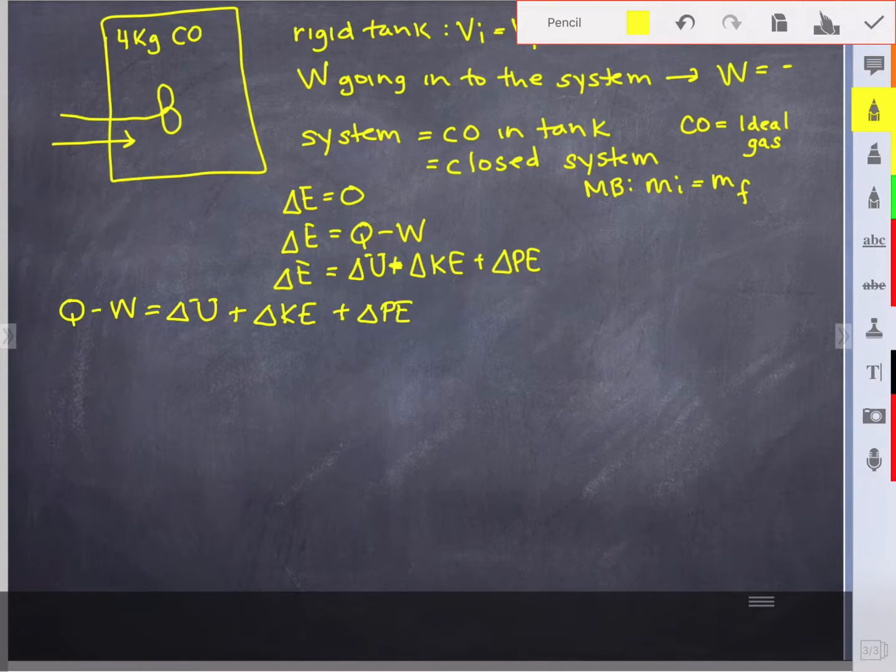So now let's make a list of assumptions as we approach the problem. We've already made one, and that's the tank is rigid and that the volume is constant. We are also told in the problem statement that the kinetic energy and the potential energy can be neglected.